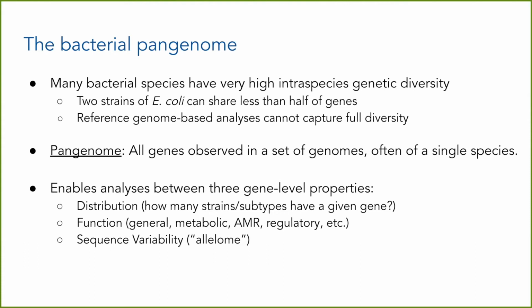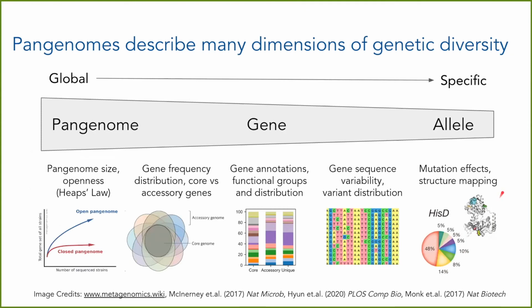And finally, sequence variability, which can be the analysis of individual sequence variants that we refer to as the allelome, or individual mutations in those variants relative to some reference. And so by analyzing one or more of these dimensions in the pangenome, we have a variety of different methods for characterizing genetic diversity in a pangenome for a given species.